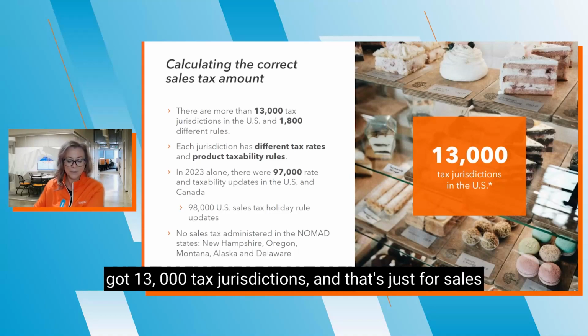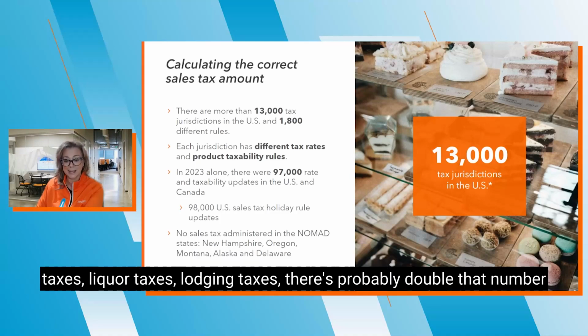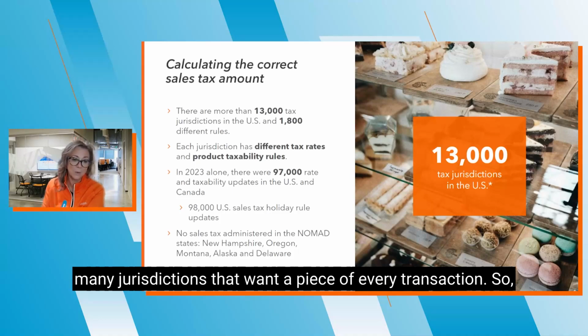But now we've got 13,000 tax jurisdictions, and that's just for sales tax. If you think about communications taxes, restaurant taxes, telecommunications taxes, liquor taxes, lodging taxes, there's probably double that number of jurisdictions. There are so many things out there, so many jurisdictions that want a piece of every transaction.